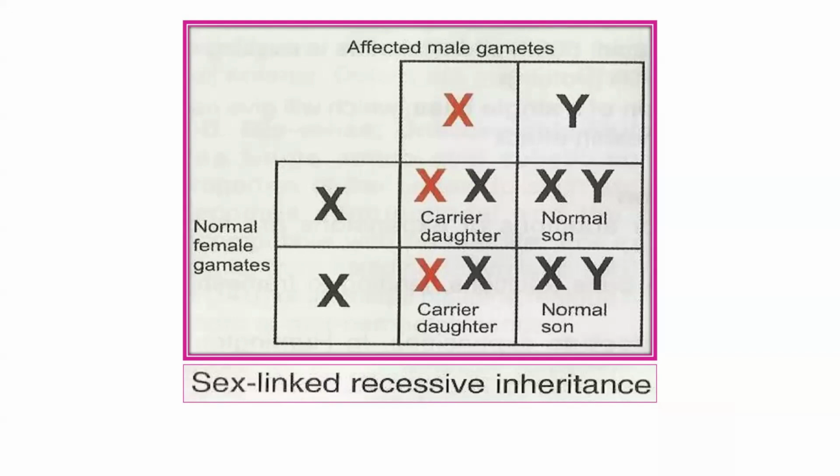It's also divided into two. We have sex-linked dominant inheritance, and we also have sex-linked recessive inheritance.